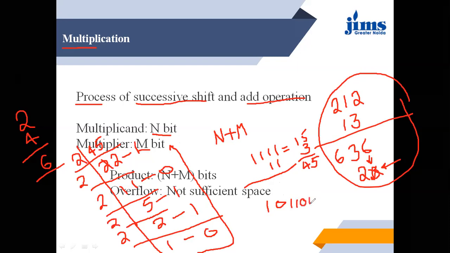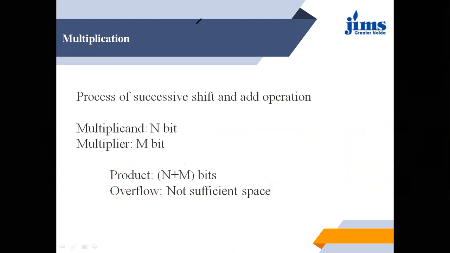This is the binary equivalent of 45, and you can see from here that it contains 1 2 3 4 5 6, it has 6 digits. So the maximum number of digits required after multiplication of numbers is n plus m, where n is the number of bits of the first number and m is the number of bits of the second number.